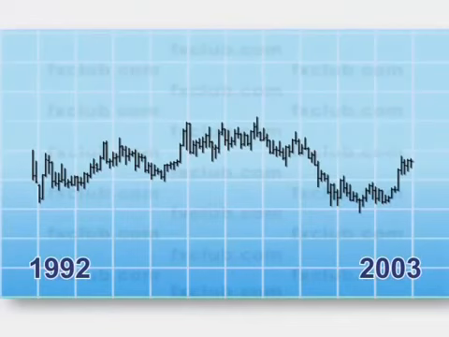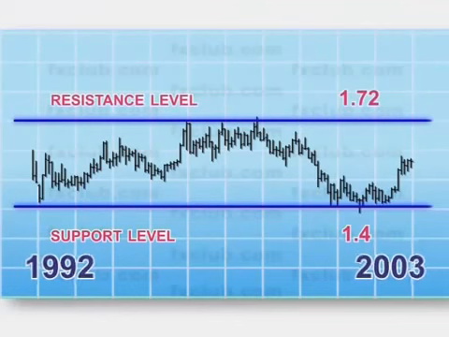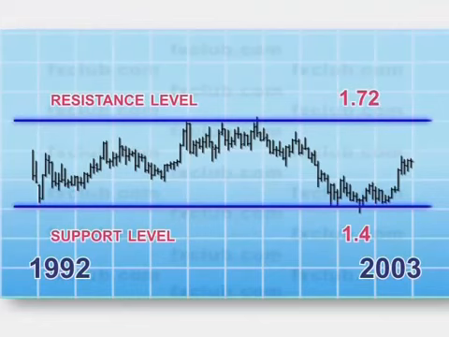The British pound was in a range between 1.4 and 1.72 for 11 years. Once, in 1998, there was an unsuccessful attempt to make a breakout on the resistance level. And once, in 2001, there was an unsuccessful attempt to break out through support.